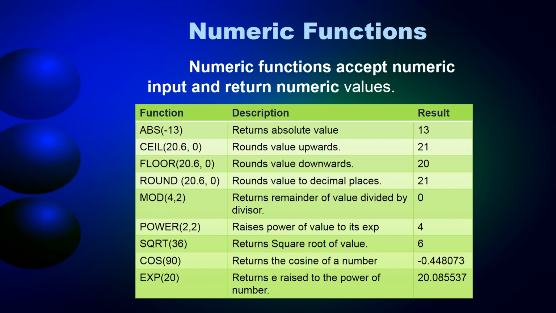This returns the base of the natural logarithm raised to the power of the given numerical expression value. So exp of 20 returns the value 20.085537 as the result.